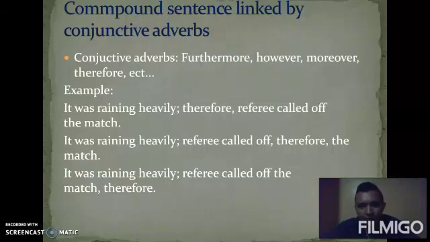If the conjunctive adverb is in the middle, we put a comma before and after. And if the conjunctive adverb is at the end, we only put a comma before and a full stop after. Now my classmate Johnny Francisco continues with the next two kinds of sentence.